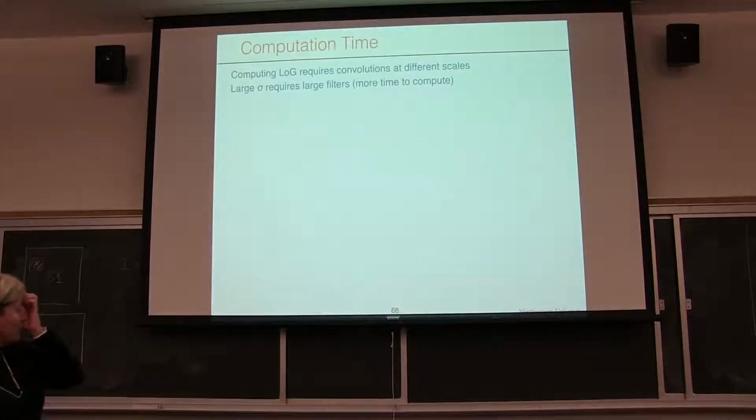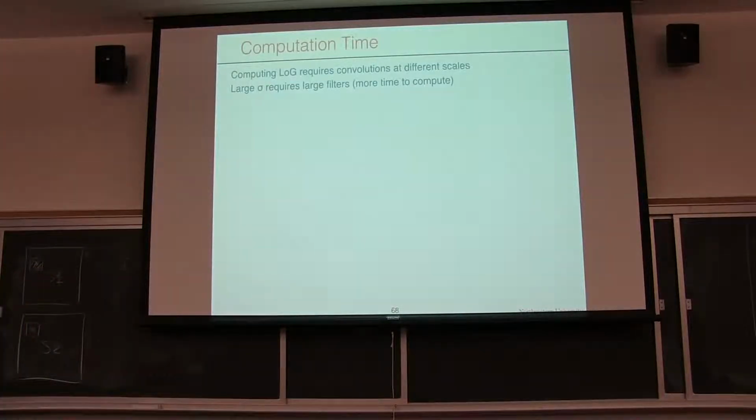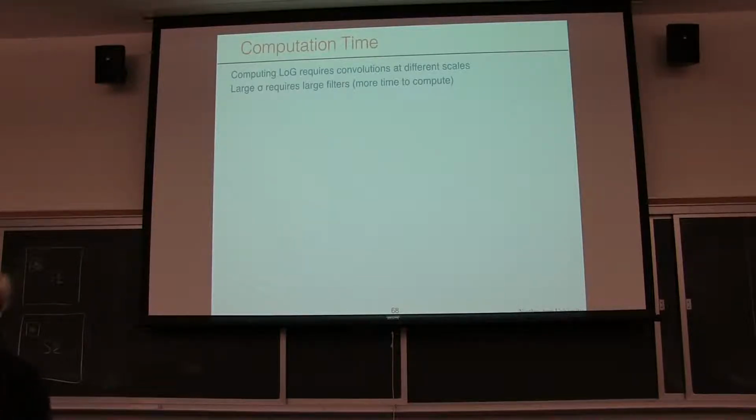As you can imagine, this becomes a little more expensive than what we have been doing with the corner matrix, because now I have to filter my image multiple times with multiple Laplacian of Gaussian filters. Not only that, we know that the Laplacian of Gaussian involves second-order derivatives and a Gaussian smoothing, where for the filter to be a good representation of the Gaussian, its width has to be 5 sigma.